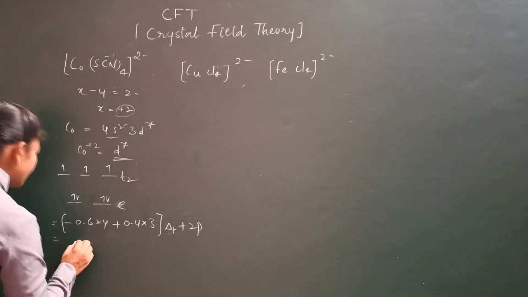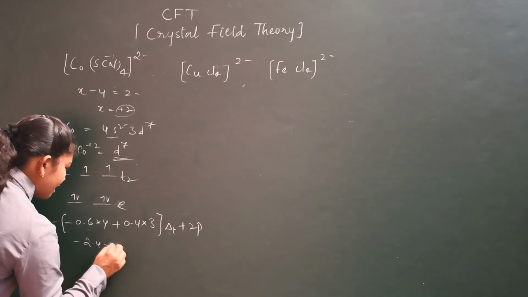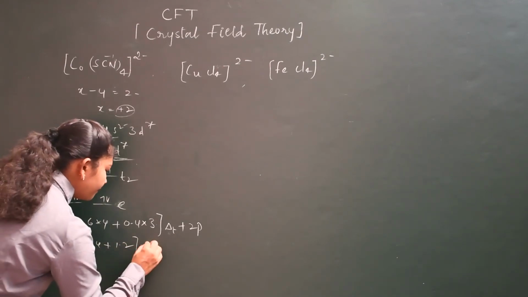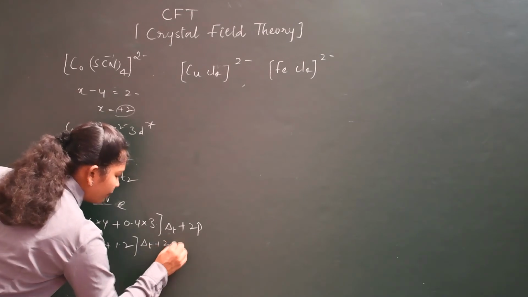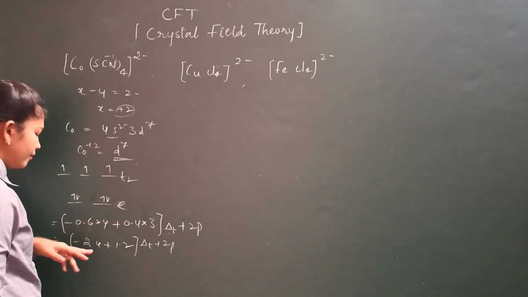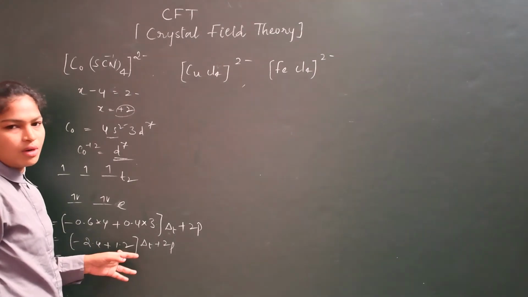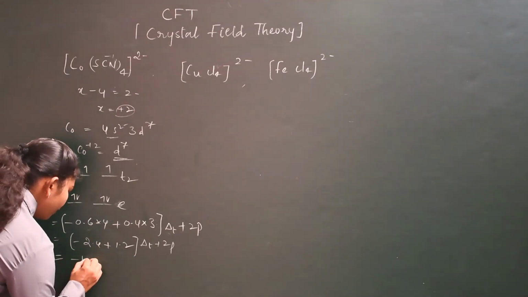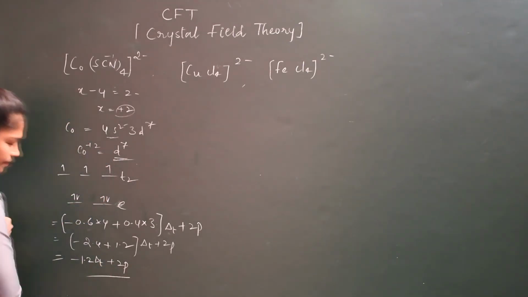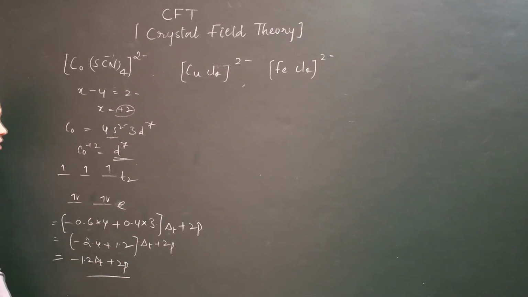Then 6 4s are 24, minus 2.4 plus 1.2 into delta T plus 2P. Then from 2.4 if you take out 1.2, minus 1.2 delta T plus 2P. See how easy it is, right?